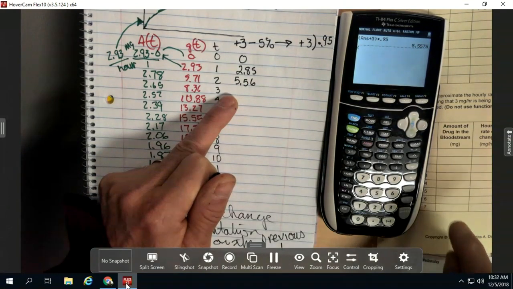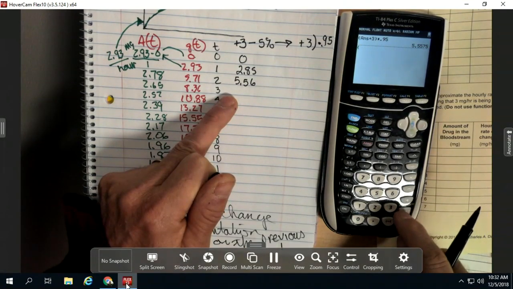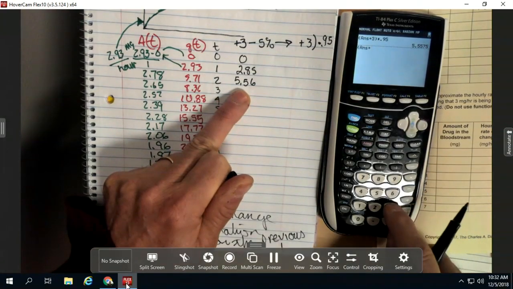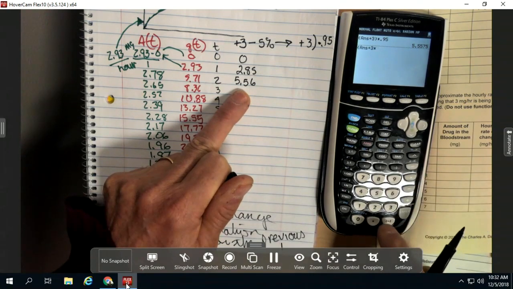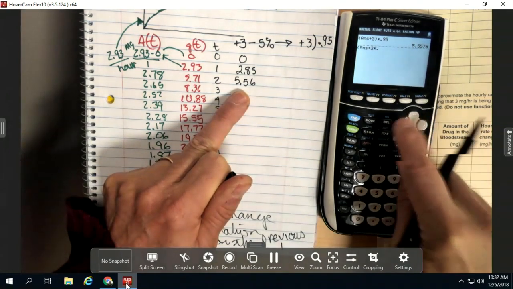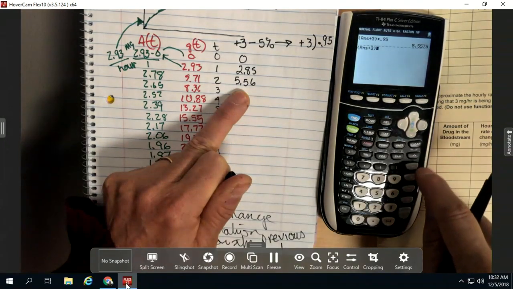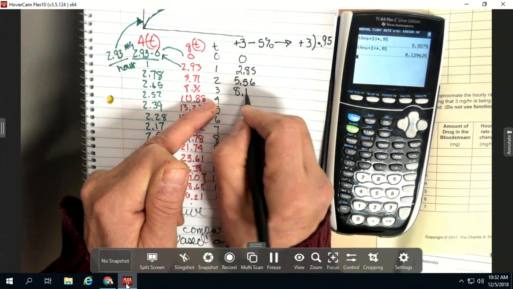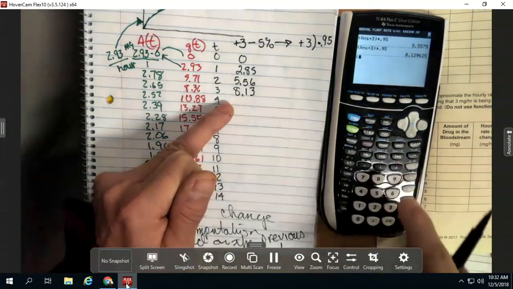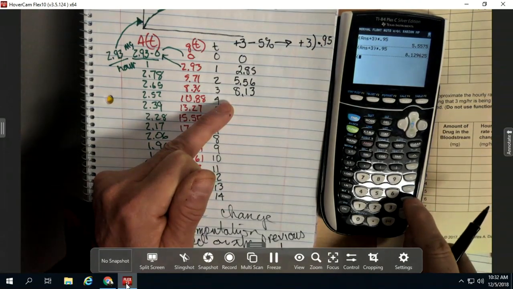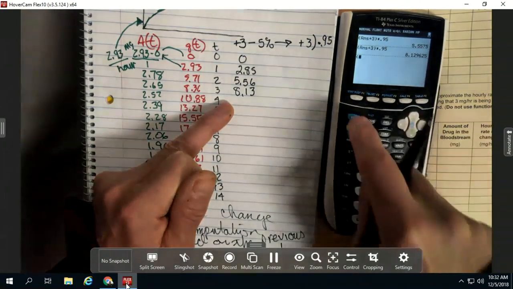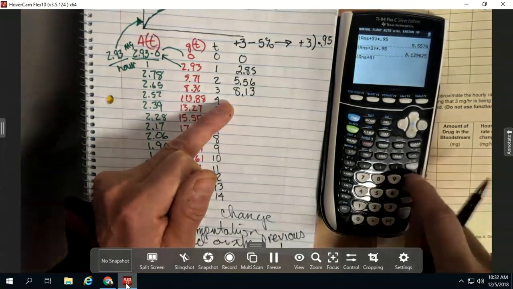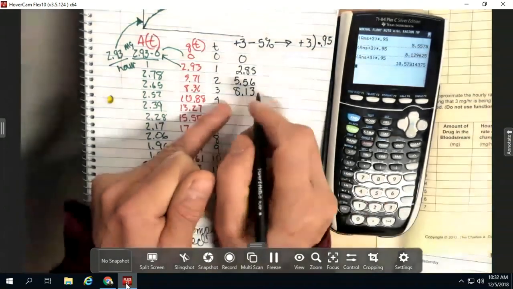Parentheses. Second function answer plus 3 times, have to close my parentheses, times 0.95. Parentheses. No, it won't let me do plus. I have to do answer. Plus 3, close parentheses, times 0.95.